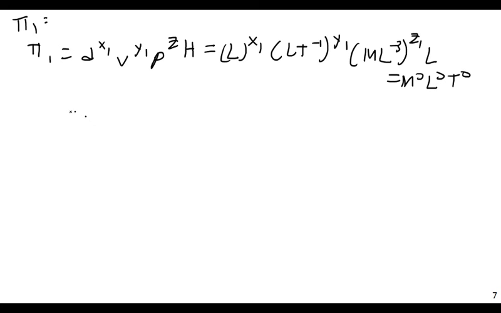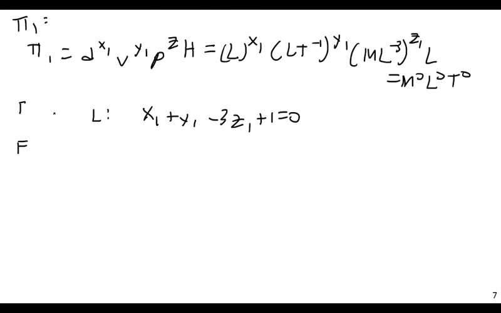Then I'll construct 3 equations, one each for the reference dimensions. So for L, in order to make all of these L dimensions come out to 0, I basically have to say x1 plus y1 minus 3z1 plus 1 is equal to 0.